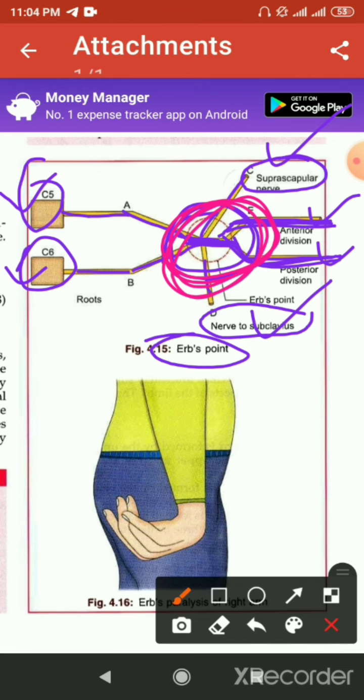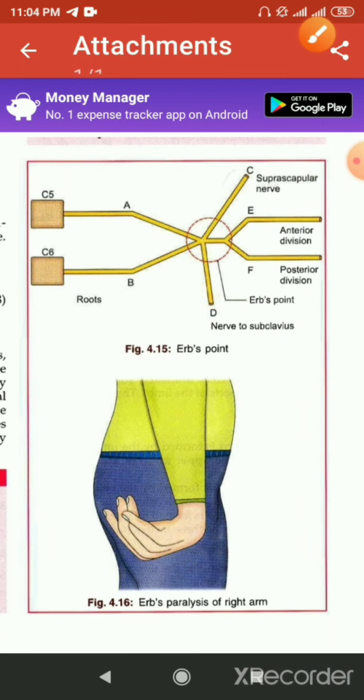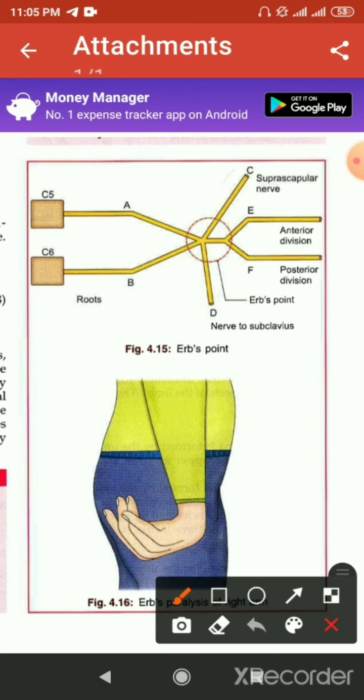So what will be the clinical presentations or clinical features in this condition? This condition is called policeman's tip hand.